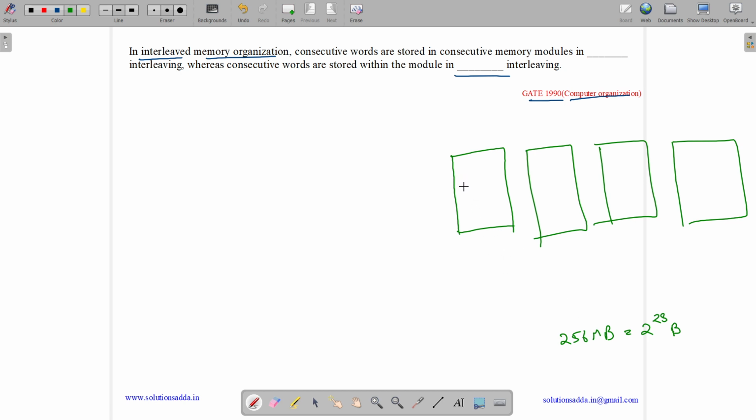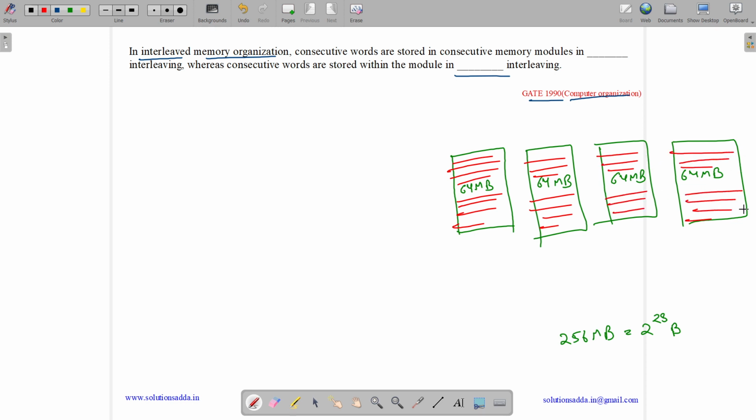So here it would be 64 megabyte, here 64 megabyte, here also 64 megabyte, and here also 64 megabyte. And here we will have 64 megawords of size 1 byte. So how many bits of address lines we have? We have 28 address lines from A0 to A27.